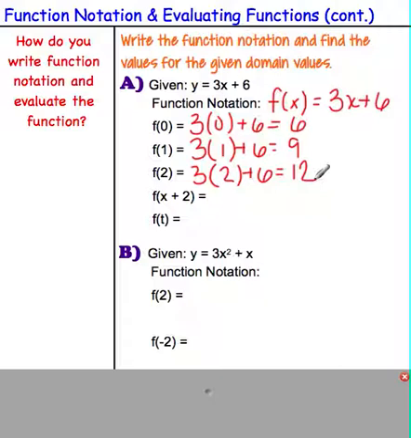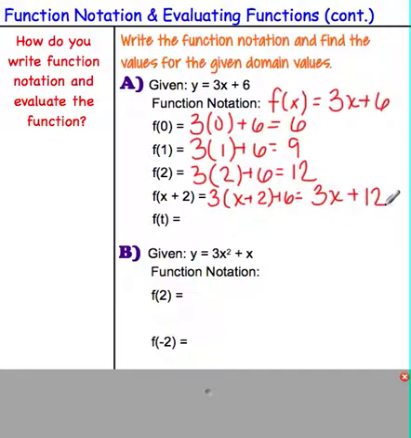Now we have one a little bit trickier. We have f of x plus 2. So we take the x in 3x and replace it with x plus 2, plus 6. As we recall, we need to distribute here. So we have 3 times x, which is 3x, 3 times 2, which is 6, plus 6, which is 12.